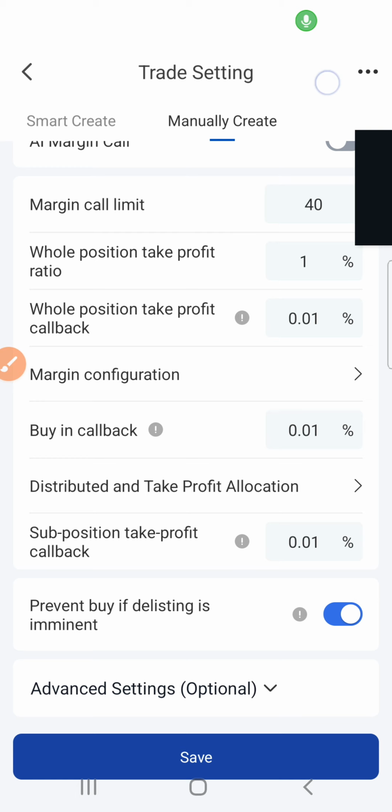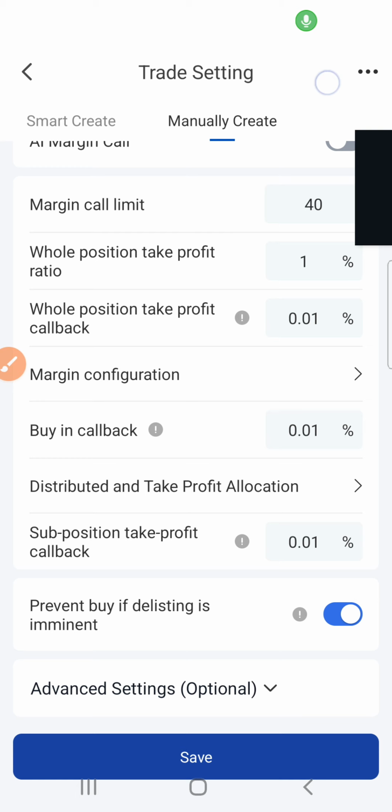Some people, when they are setting a coin, don't mind about this. You find someone putting two here, which is very wrong. You will find you're hitting your 3% from here, and when the coin pumps and reaches there, it fails to continue.